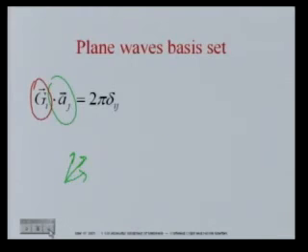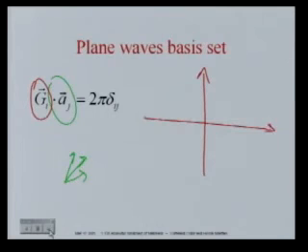Once we have these reciprocal lattice vectors, that for simplicity I'll draw here as two-dimensional and square, these points here represent all possible integer combinations of reciprocal lattice vectors.